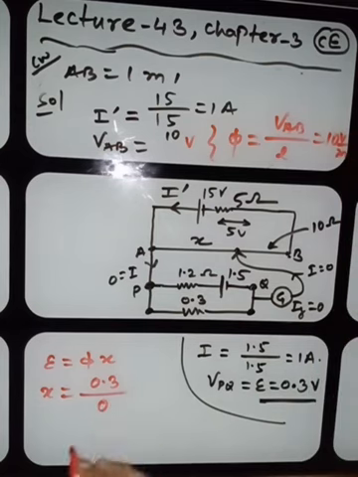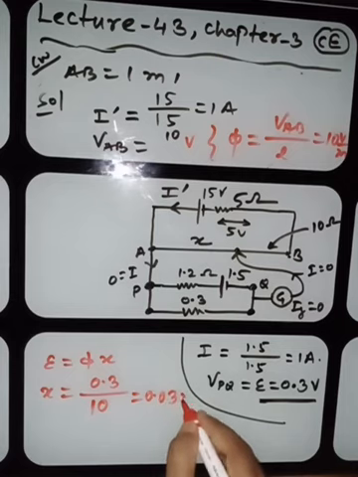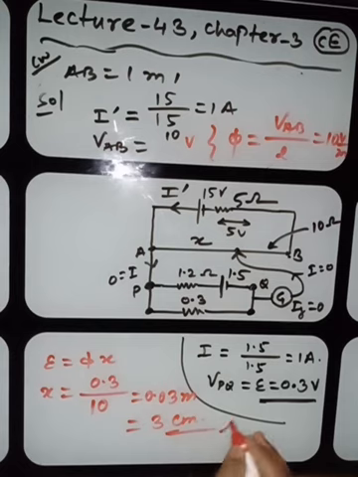So X is 0.03 meter, that is 3 centimeter.